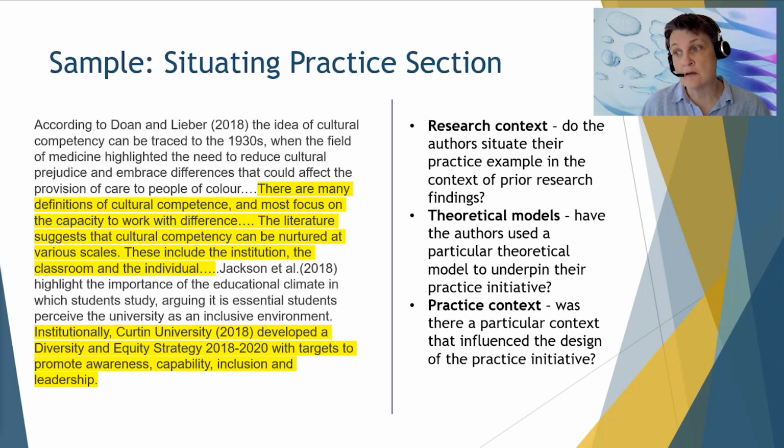But they're also situating the conversation around their practice example within their own institution and how it fits in, for example, within their policy context and the particular priorities that are driving their institutional practice. So again, when you're thinking about situating your practice example, there is no one way to do it, but those are some of the different threads that you can draw to frame your practice example.